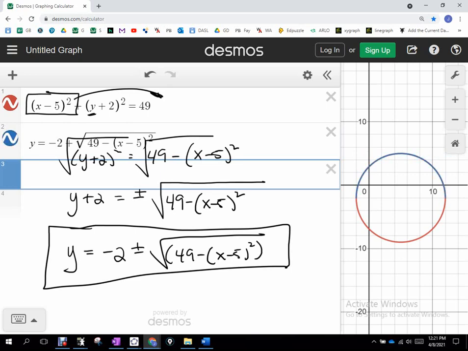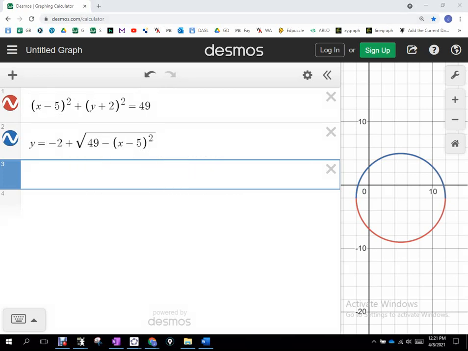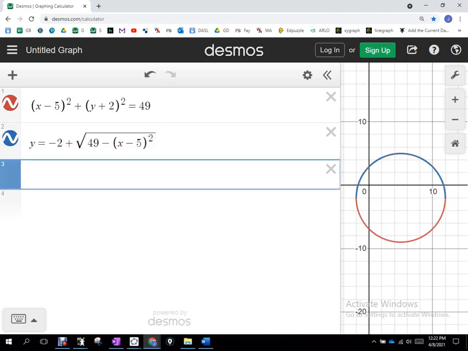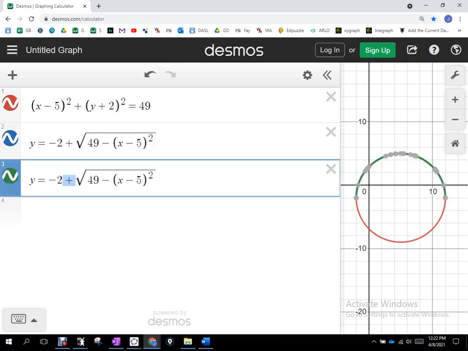So when I typed in that positive version, when this was a plus sign, it only gives me that semicircle. So if I type that into my TI 83 or 84, it's only giving me my semicircle. Because we introduced a square root, we get plus or minus.